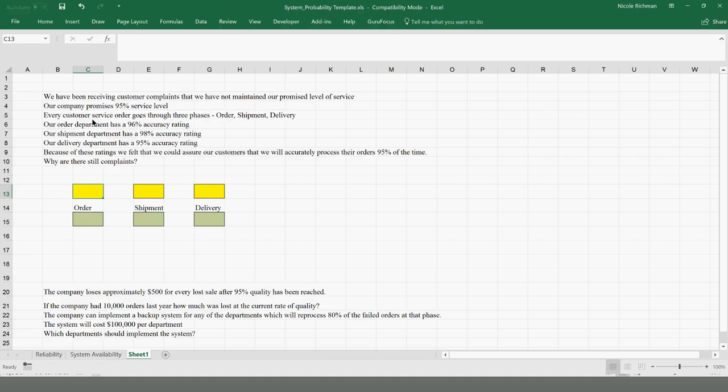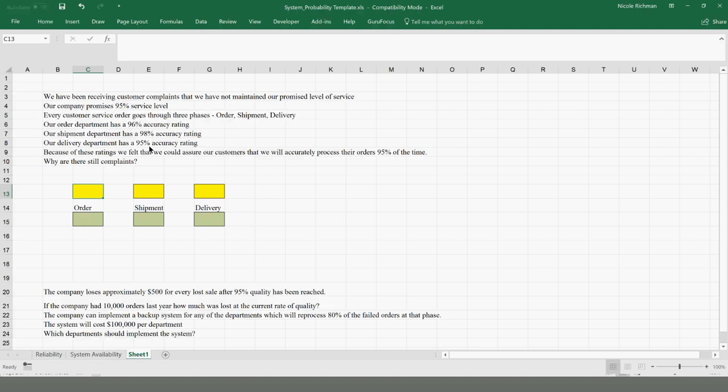will reach 95%. And we made that promise because we have 3 different phases that each customer order goes through: the ordering department, the shipment department, and the delivery department. And in our case, our lowest one is 95%.